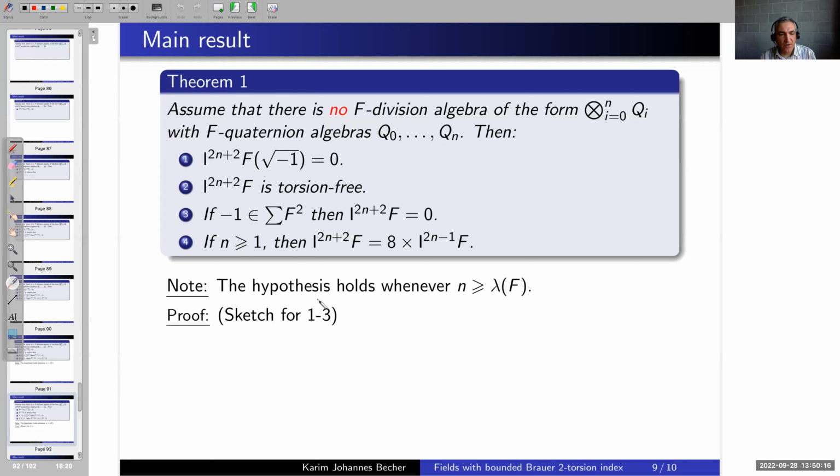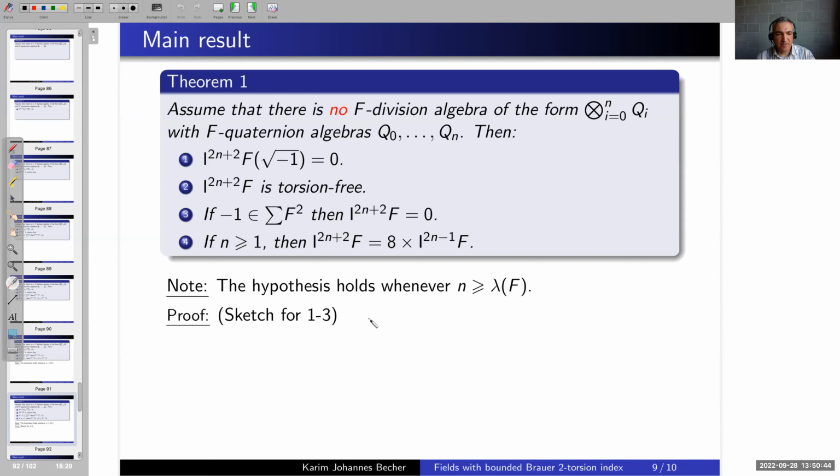Then, for 1 to 3, what you need to use is what I call Elman-Lam theory. Namely, there's a paper, but I think this goes over a couple of papers from the 1970s. There is great work on quadratic forms and Pfister forms, which you might know from Lam's book also.